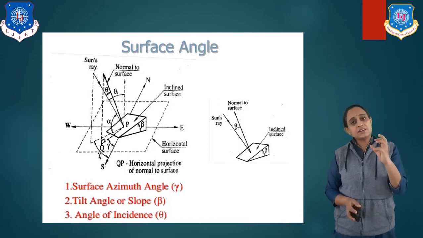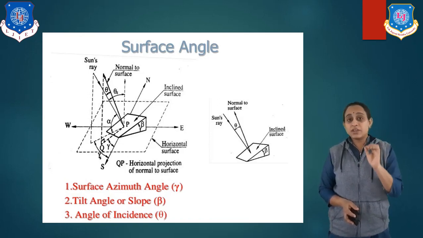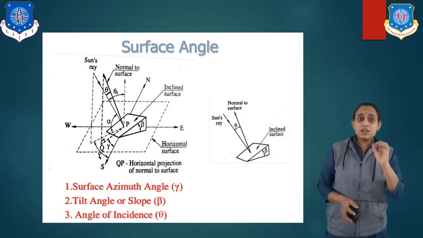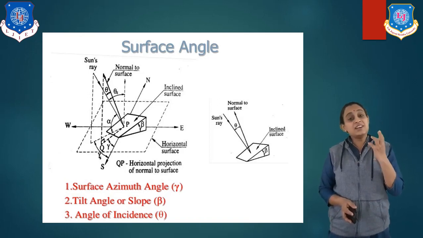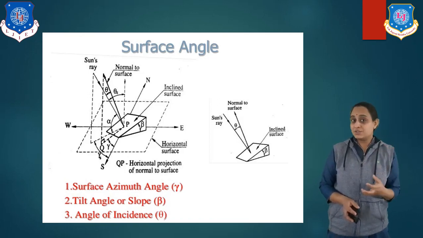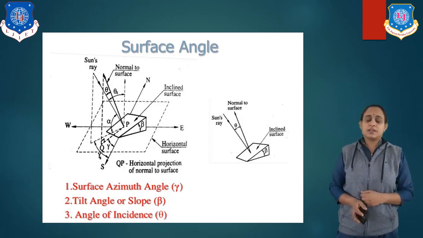It is slightly tilted and then rotated. So for this, we need to consider which angle is the incident one, which angle is the zenith one, which angle will create the hour angle, what is latitude, what is longitude, etc. Okay, so let us start our learning.